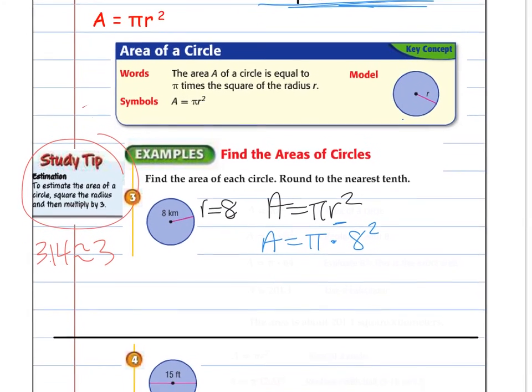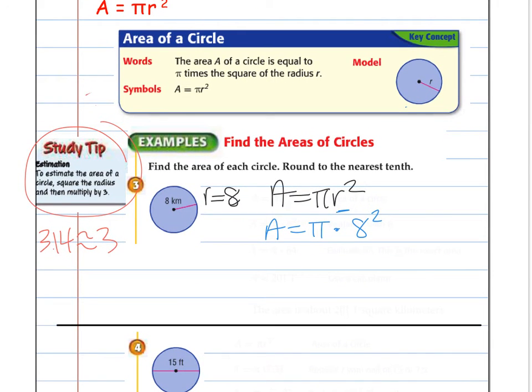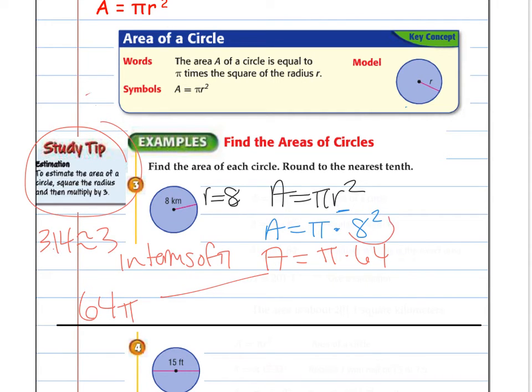Again, knowing I do exponents before multiplication. So I have area is pi times 64, which in terms of pi, you will write as 64 pi. And since here you did units times units, it's actually going to be units squared for your answer.